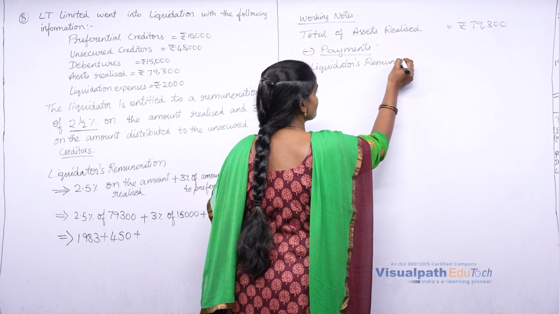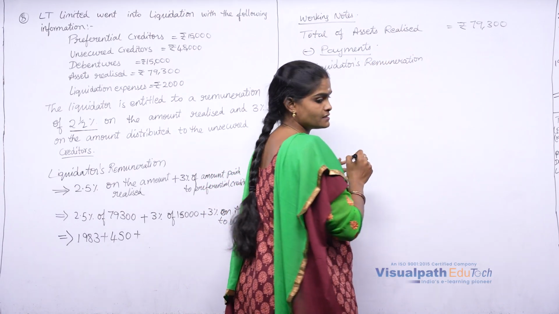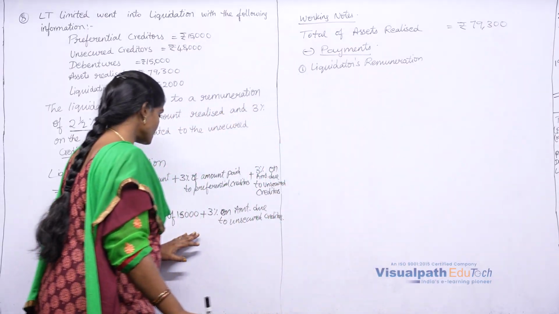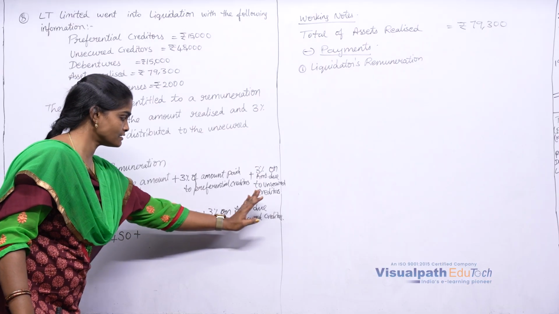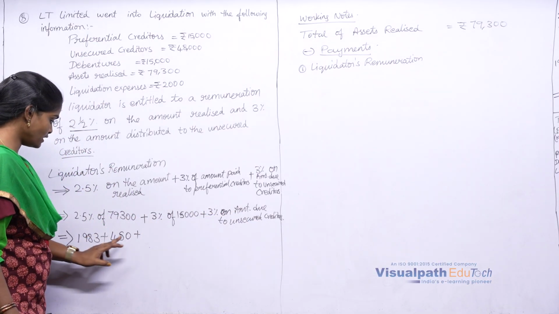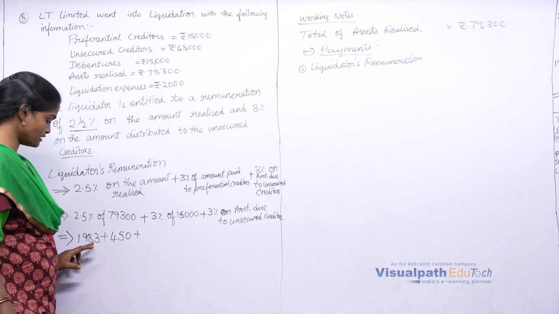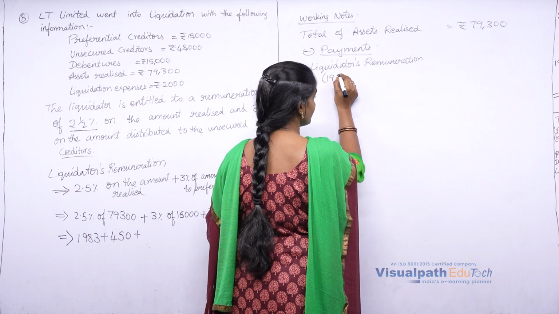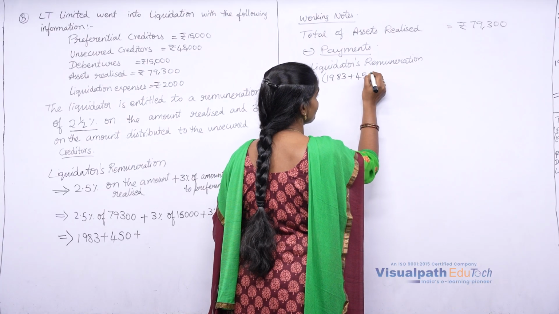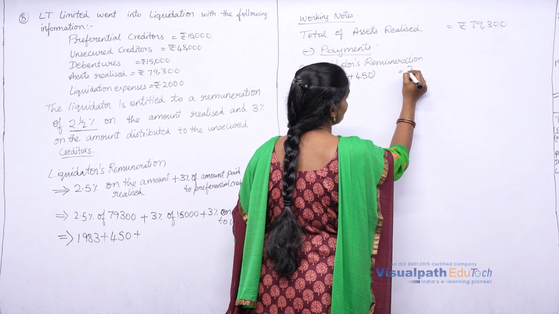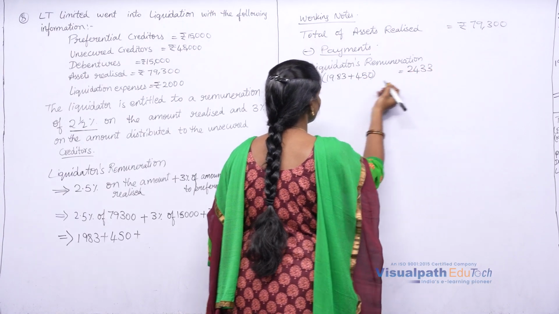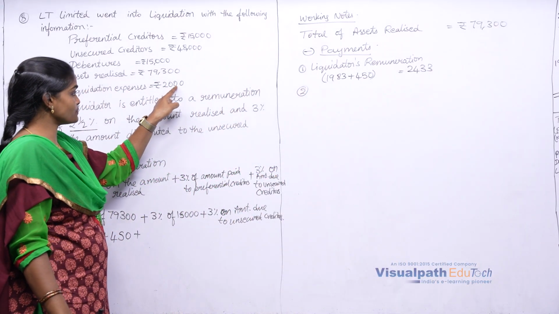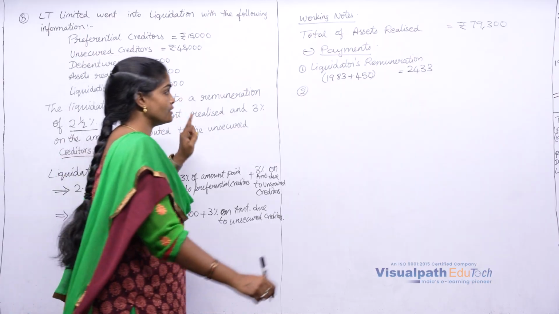How much is the liquidator's remuneration? Till now we did not calculate. Except for the unsecured creditors, the remaining two values we can take: 1,983 plus 450. How much do we get? We get 2,433.